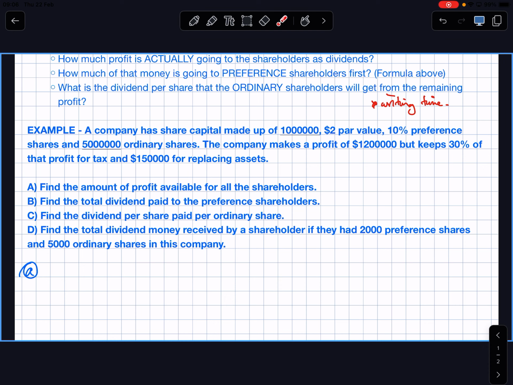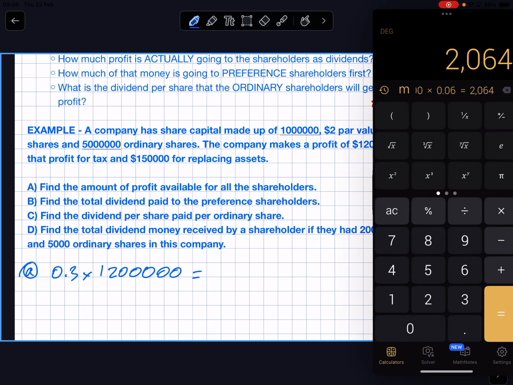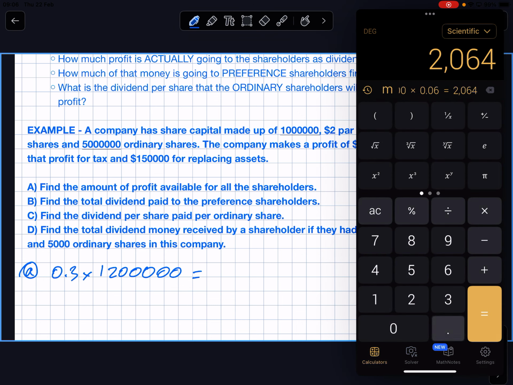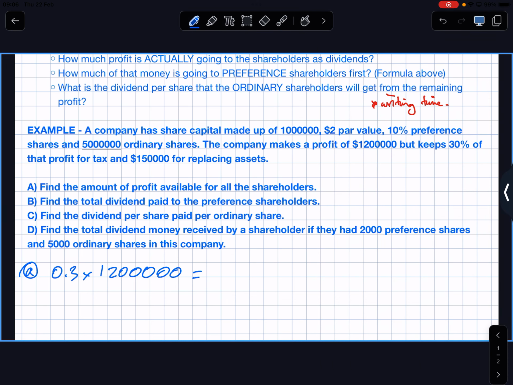So I need to do maths for one of them. I need to work out what 30% of 1.2 million is. What's 30% as a decimal? 0.3. Good. So 0.3 times 1,200,000. That's 360 grand for tax.